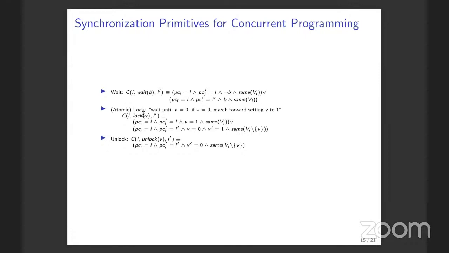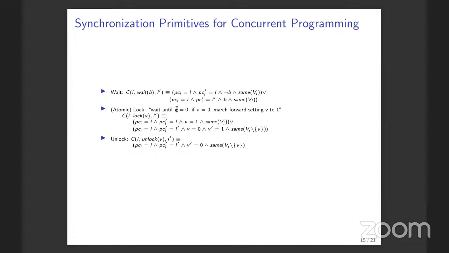Usually programming languages also provide a couple of other ways of blocking the process on a lock variable. So wait is based on a Boolean condition. A lock is usually done based on a shared lock variable, sometimes also called a semaphore.